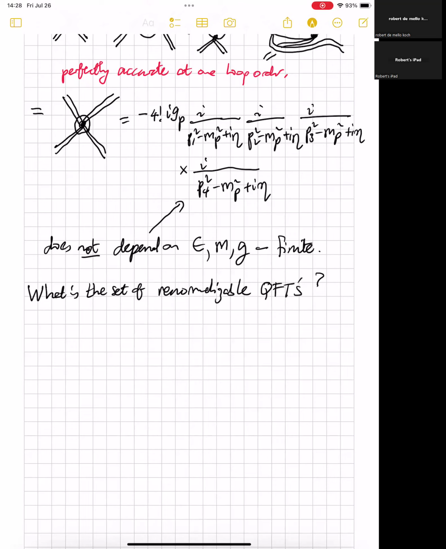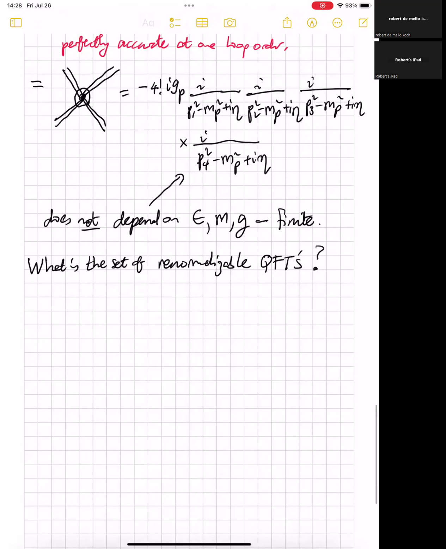Okay, and I'm sure you know, for example, that gravity is not renormalizable. So what's special about gravity compared to the other interactions? Can we make that clear? So equivalently, how do we tell if a quantum field theory is renormalizable?